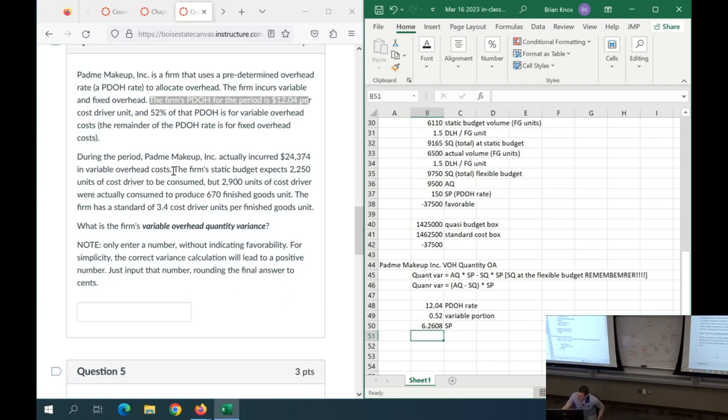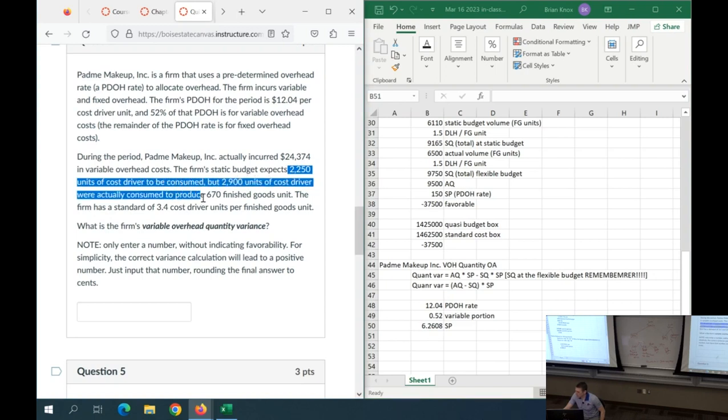The firm's static budget expects 2,250 units of cost driver to be consumed, but 2,900 units of cost driver were actually consumed to produce 670 finished goods units. The firm has a standard of 3.4 cost driver units per finished goods unit. All right, so we have actual quantity.